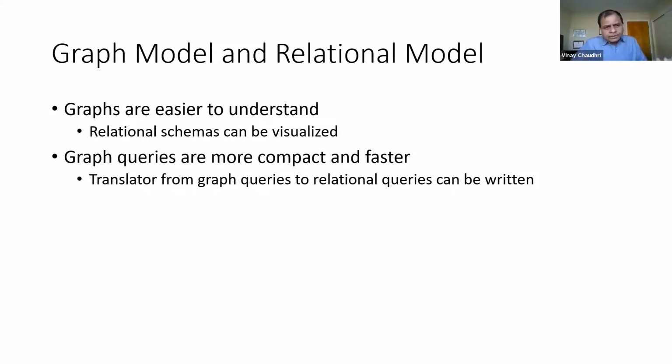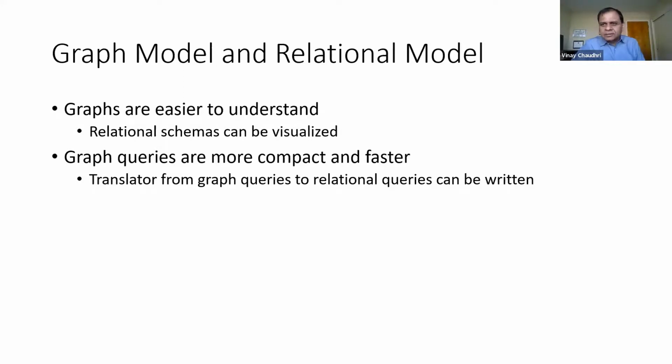Now, some people say that graph models are easier to understand, but the proponents of the relational approach would claim that we can visualize a relational schema. You just have to write an appropriate tool, and we can visualize a relational schema using some kind of entity relationship model or conceptual model.